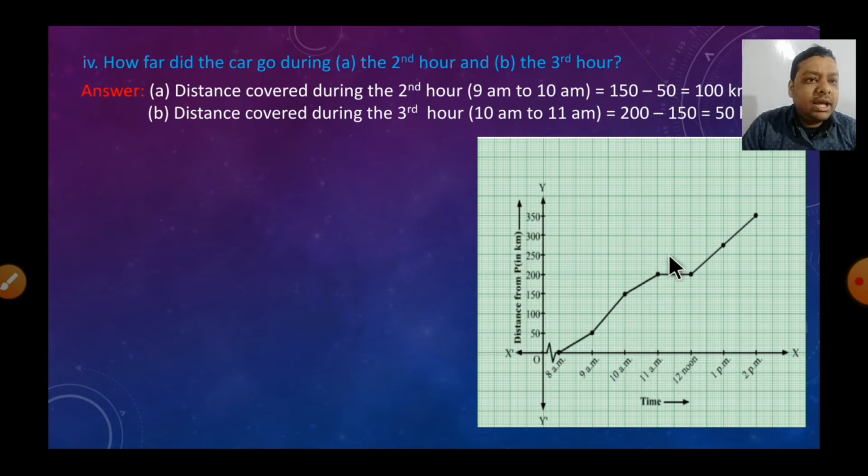At 11 a.m. the car is at 200 kilometers and before, at 10 a.m., it was at 150. So the distance between these two is 50 kilometers.